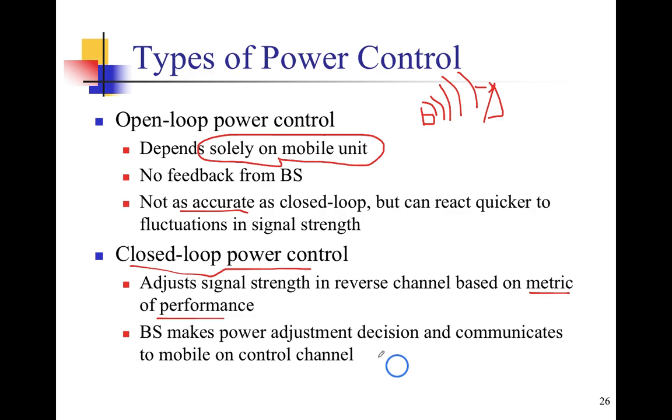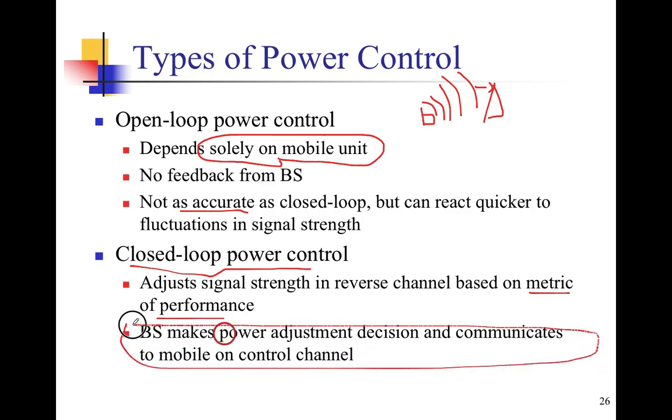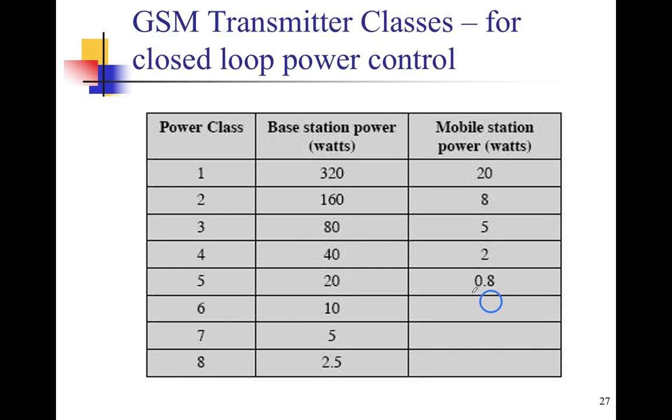So this is what happens in our mobile communication, where the base station instructs our mobile phone to adjust the power according to what is desired by the base station. This is what is called closed loop. Okay? So we have two: one is open loop and the other one is closed loop.